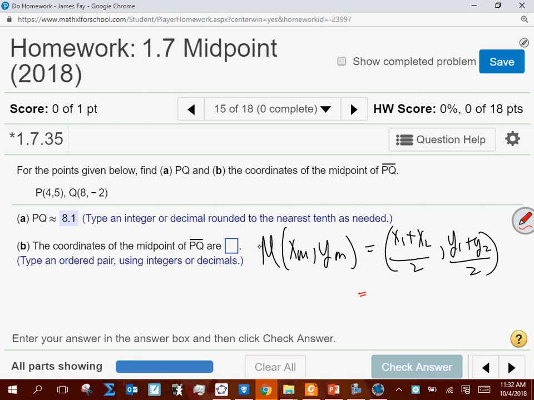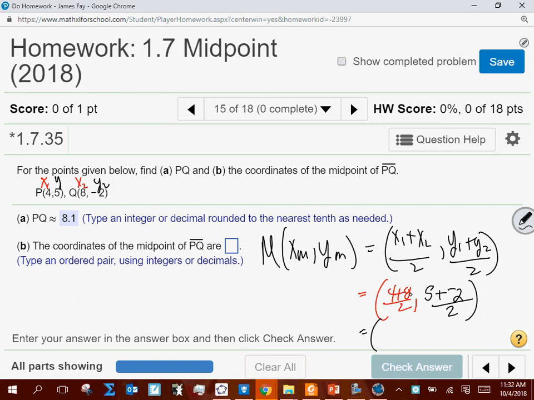Because now I can just say, this is x1, this is x2. So you go 4 plus 8 over 2, and then this is y1, and this is y2. So that's a 5, I think. Yep. So I go 5 plus negative 2 over 2.